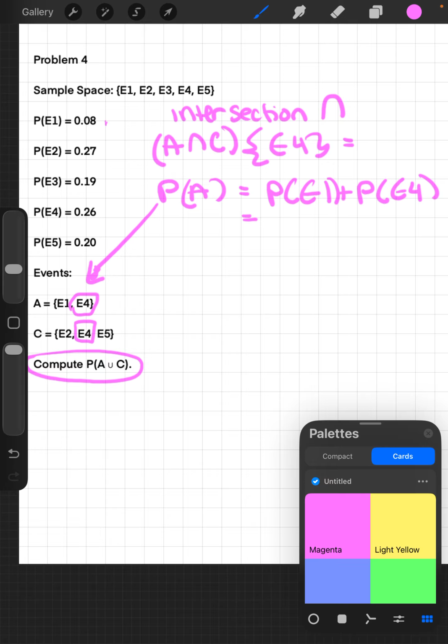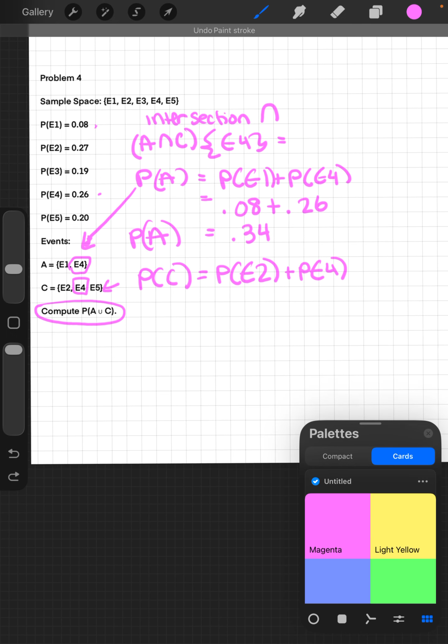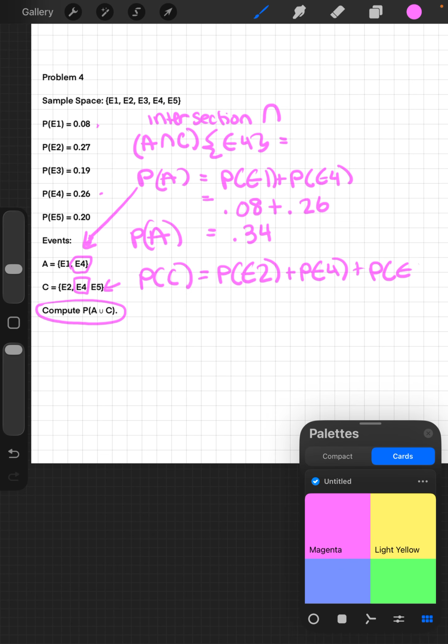E1 is 0.08 plus 0.26, and this is 0.34 for A. For C it's 3 of them, so P of C is equal to E2 plus E4 plus E5, because there's 1, 2, 4, and 5.